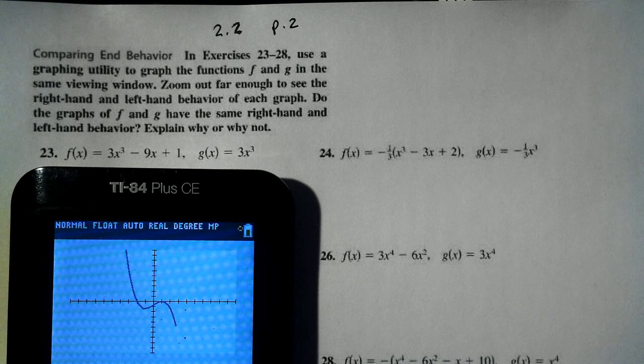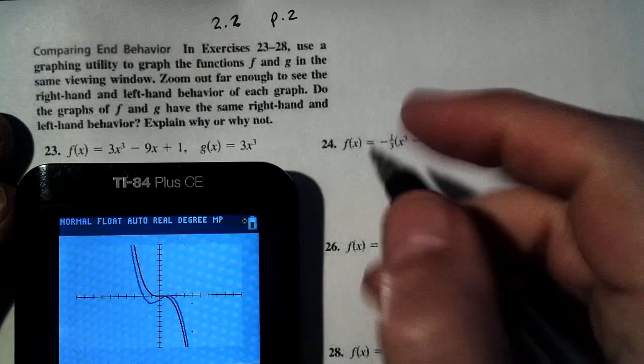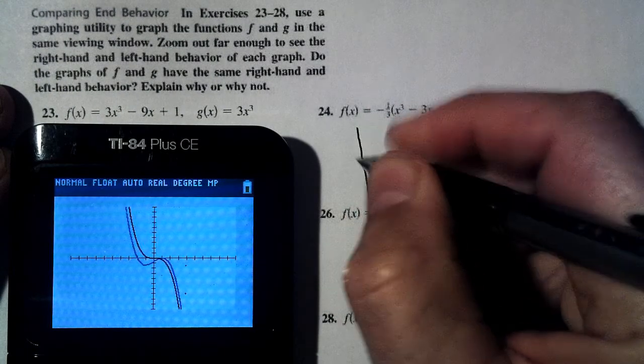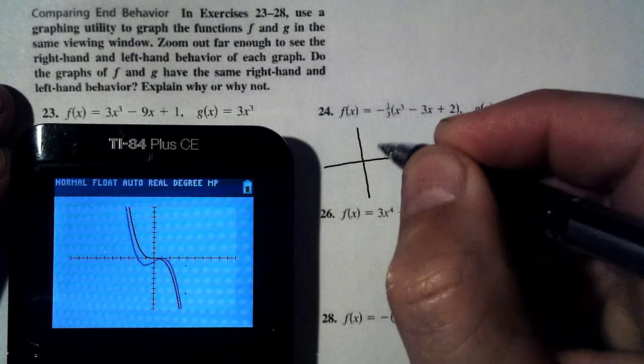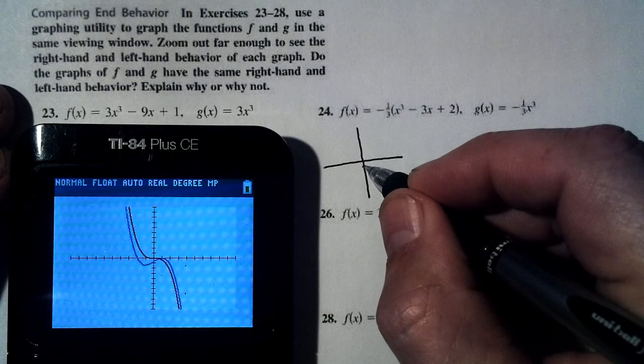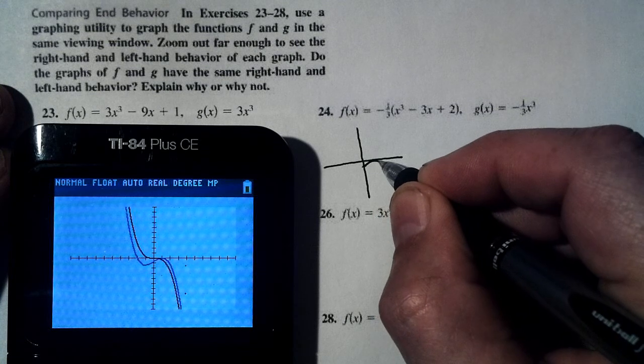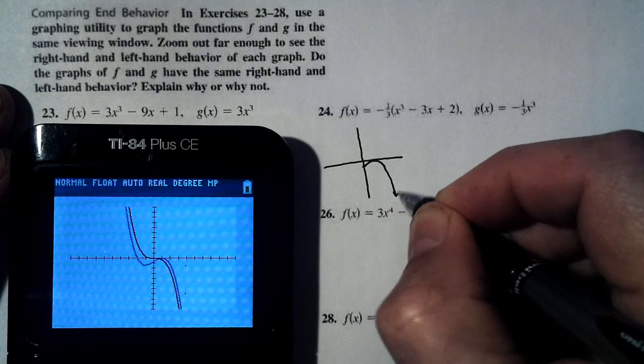There's that first function. And second function coming. And looks like we've got it, so we'll draw a quick sketch of that. Again, anytime you're asked to do things by graphing calculator, I'm just going to try to get a reasonable sketch of it. So let's see, the blue function looks something like that.